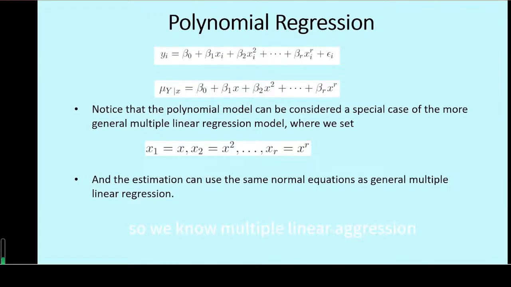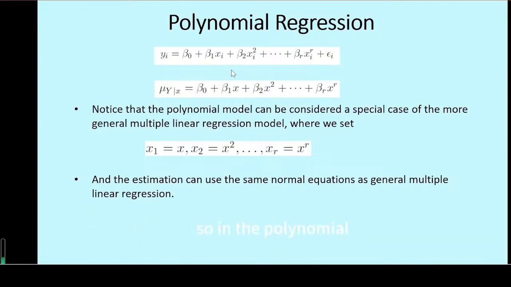We know multiple linear regression means there is more than one independent variable in the equation to estimate or predict a response variable y. Polynomial regression is actually a special case of the more general multiple linear regression model.